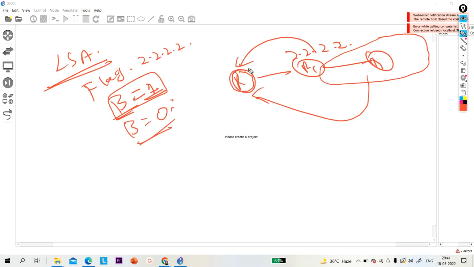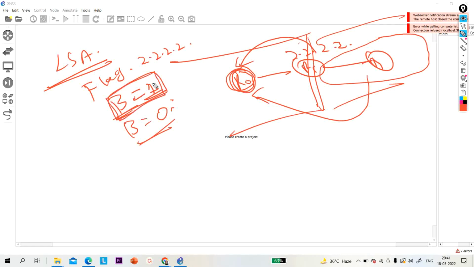This is my area 0 and this is my area 1. When this router R1 will receive LSA 1 from 2.2.2.2, the B field will be on, right? This field will be set as 1. So this router will come to know that this is my ABR, right?